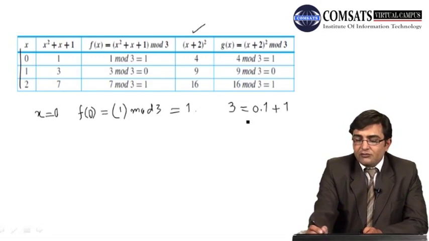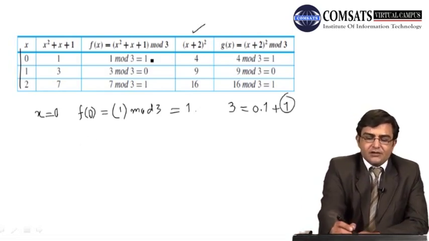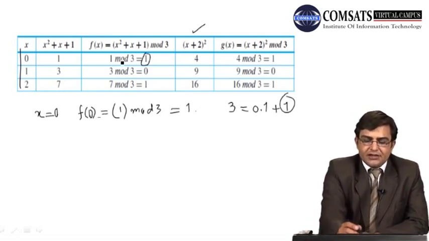So when we divide 1 by 3, the remainder remains 1. So 1 mod 3 is 1.